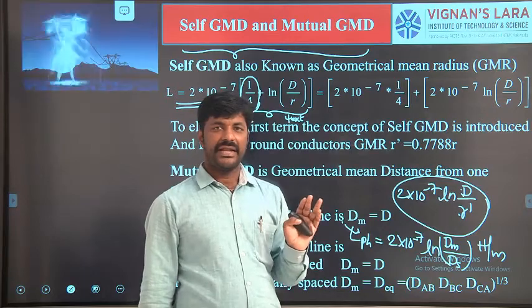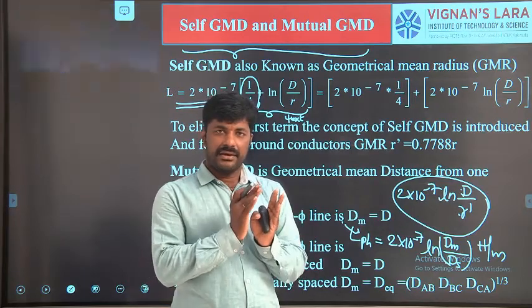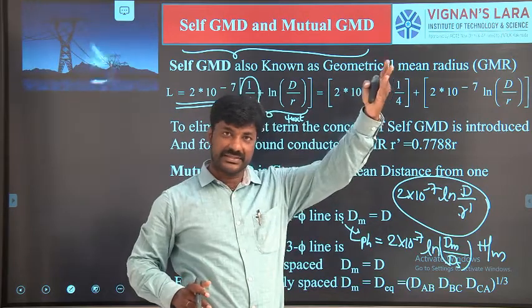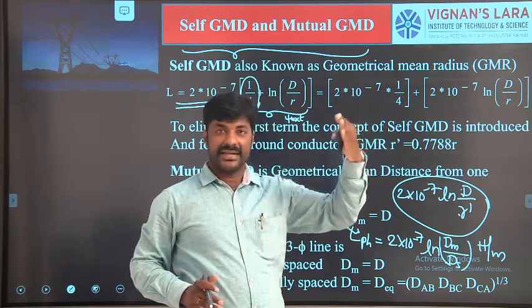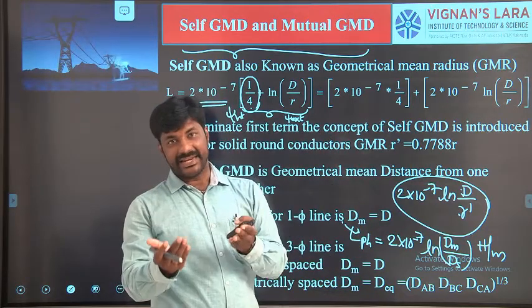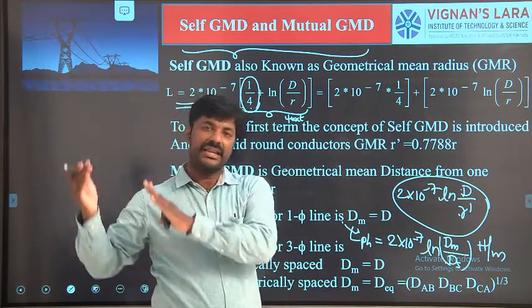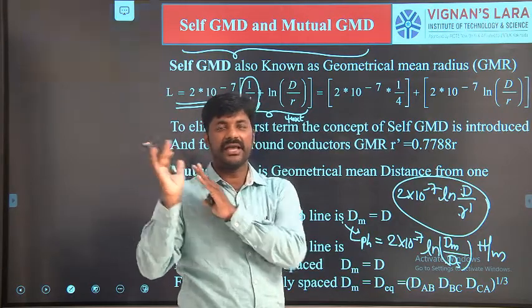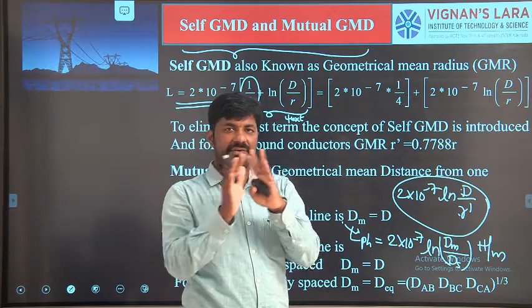So for inductance, I am now going straight to the distance calculations instead of calculating the flux density, magnetizing force, next flux linkages, after that integrations, everything, and only later getting the inductance. From now onwards I am not doing all such things.